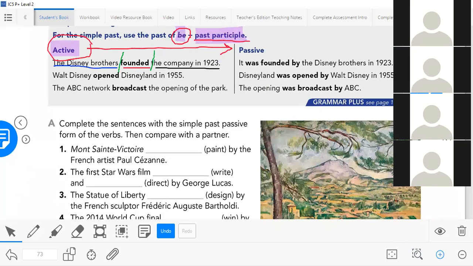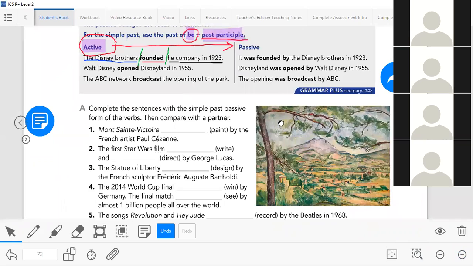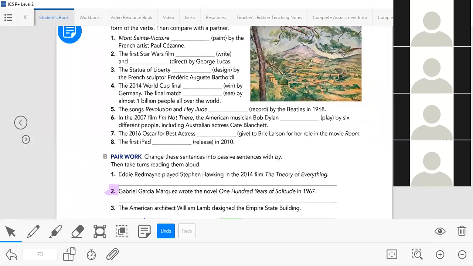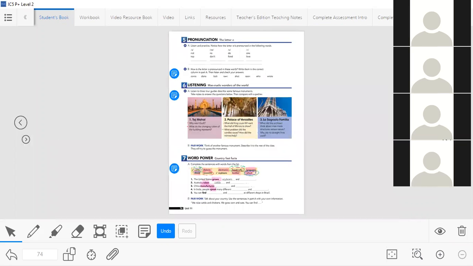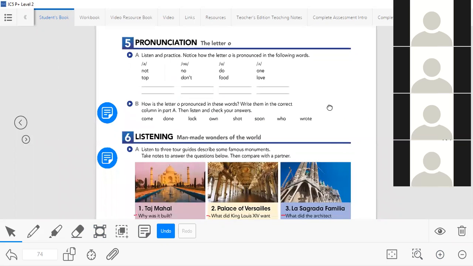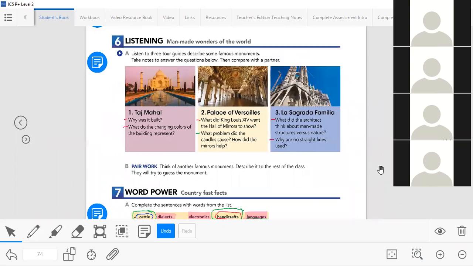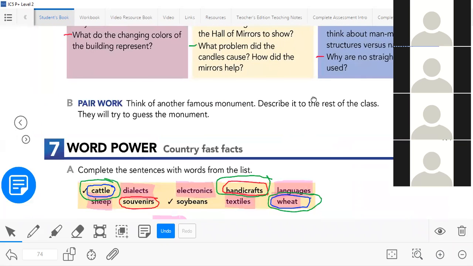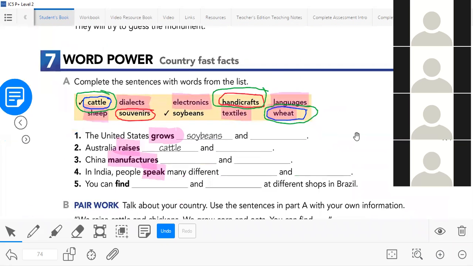Basically, that's what we just looked at right now. You guys say that we're ready, so if you say we're ready, I'm ready. Okay, the word power, vocabulary.